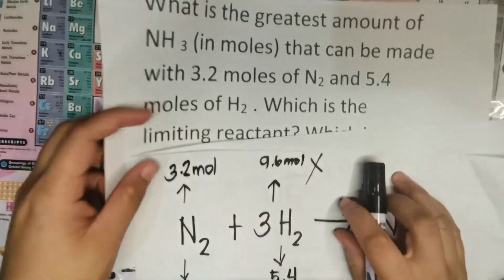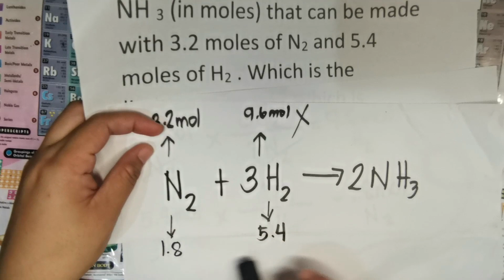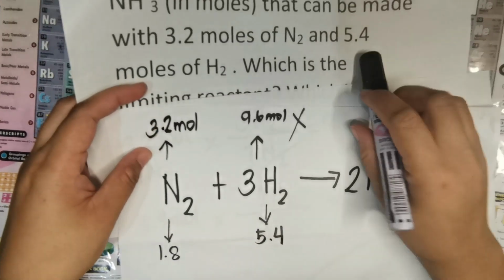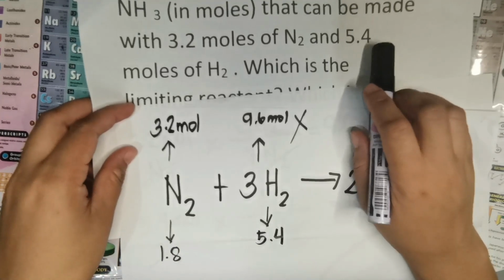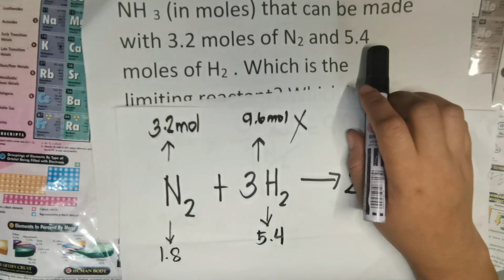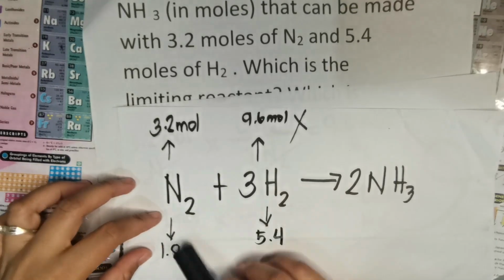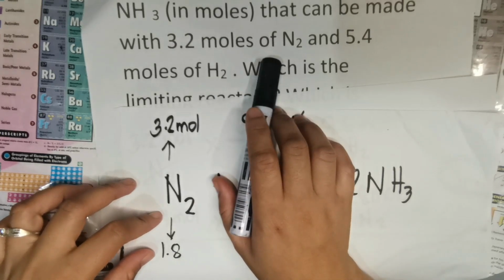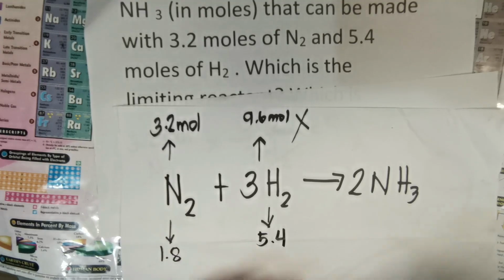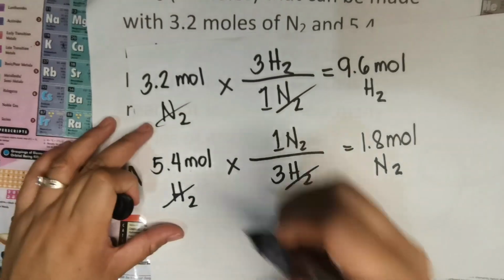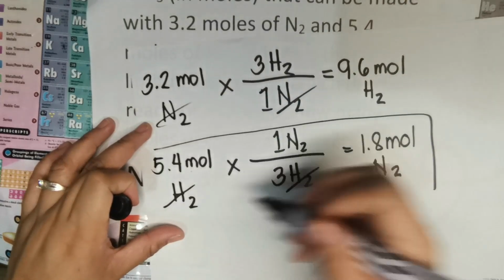So, check natin yung pangalawa. Si hydrogen gas ay meron tayong 5.4. Tama ba? Ginamit natin lahat ng hydrogen gas. At para magamit natin lahat yon, ang kailangan naman para mag-react siya is 1.8 moles ng nitrogen. So, pasok ba? Yes. So, itong equation ang gagamitin natin, meaning yung pangalawang equation.